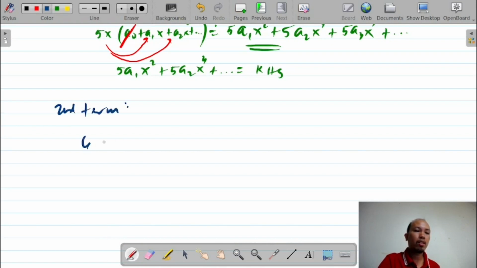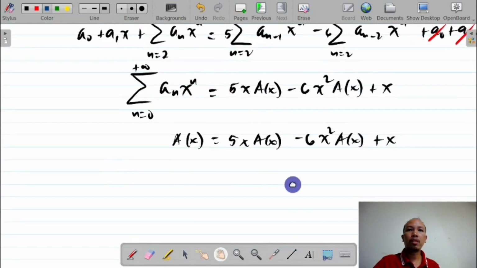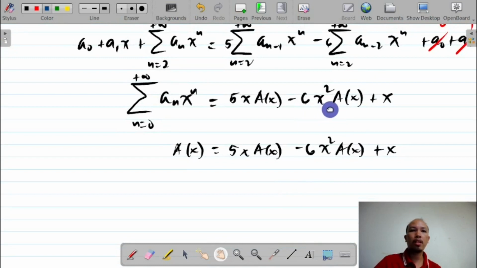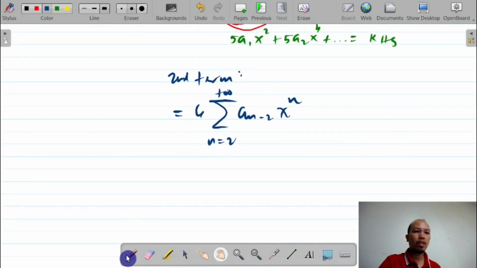We have 6 summation of a sub n minus 2 x to the n, starting from 2 to positive infinity, and we argue that this is equal to 6x squared a of x, this one here. So are they equal?